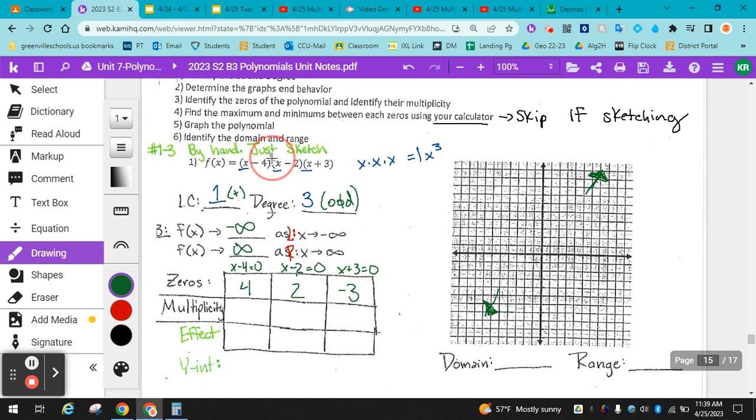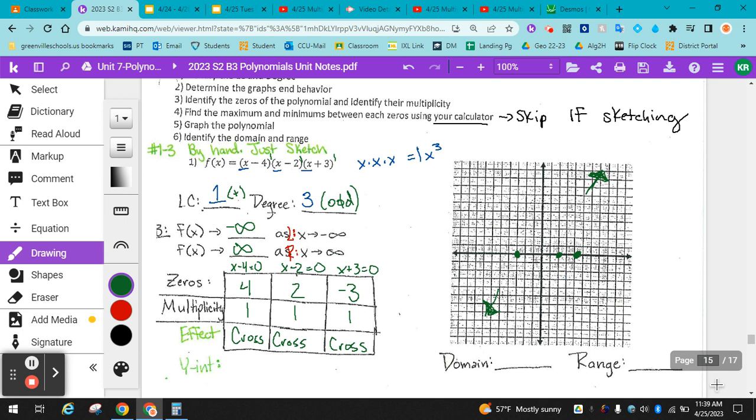Multiplicity: all of my exponents are 1 on my parentheses, so my multiplicities are all just 1, which means they will all just cross. So all my zeros, negative 3, 2, and 4. And I'm just crossing through all of them.